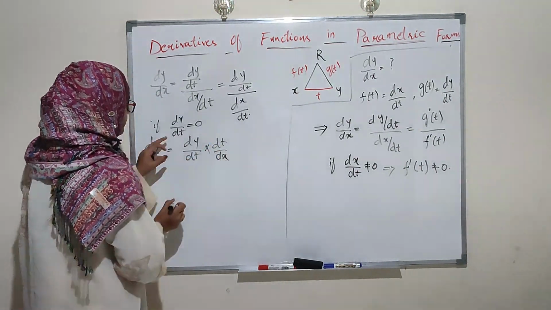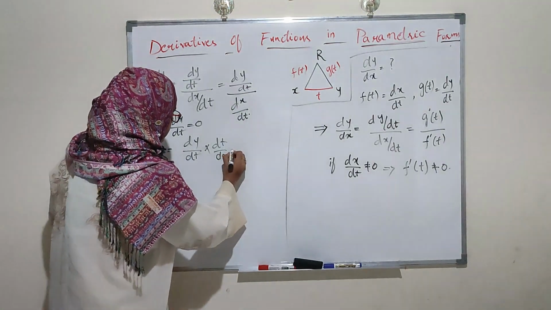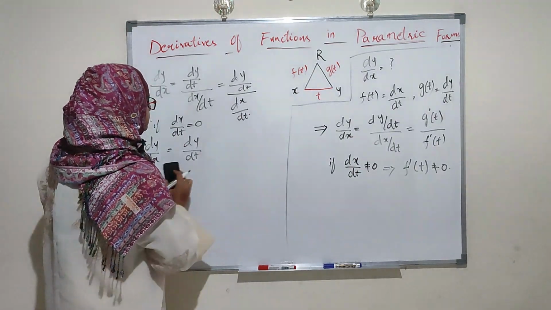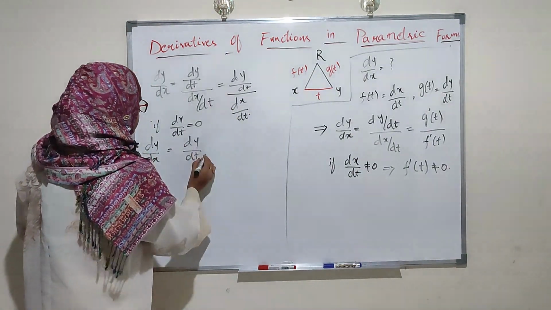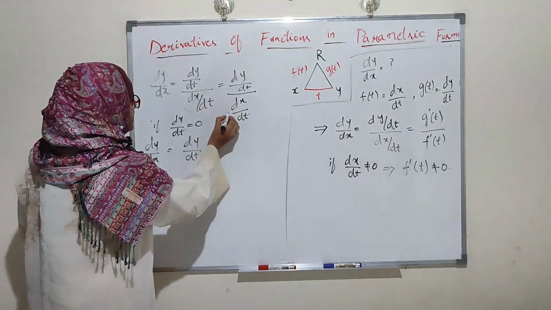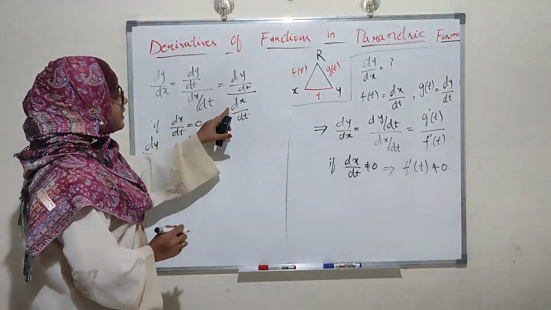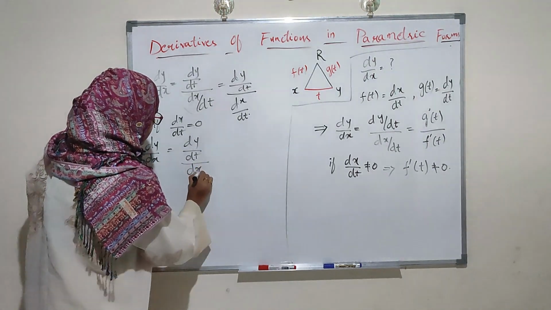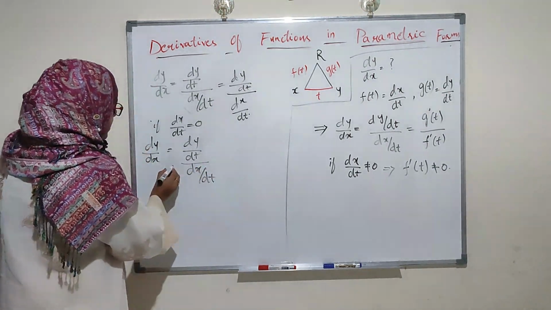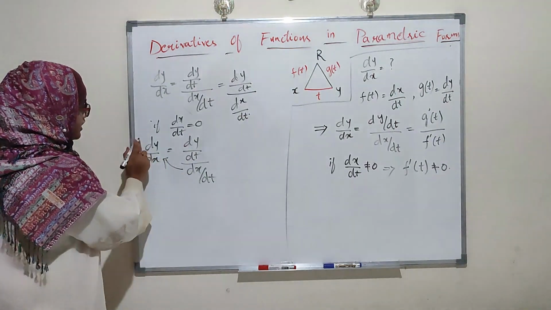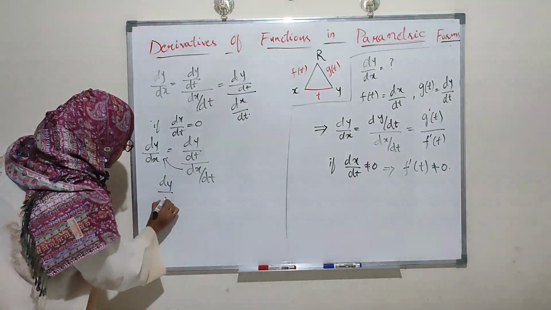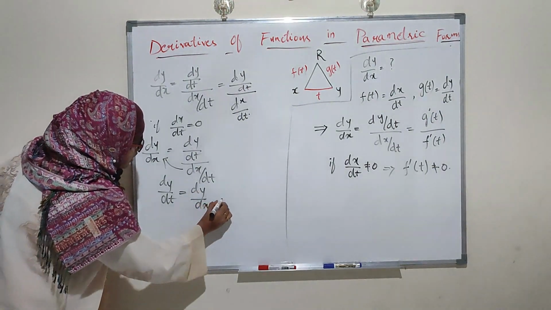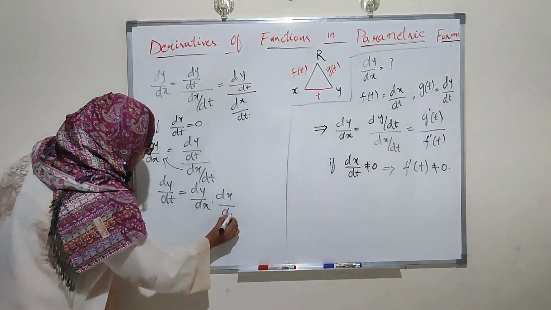Both are the same values. If we take this division here, dx by dt, then dy by dt is equal to dy by dx into dx by dt.